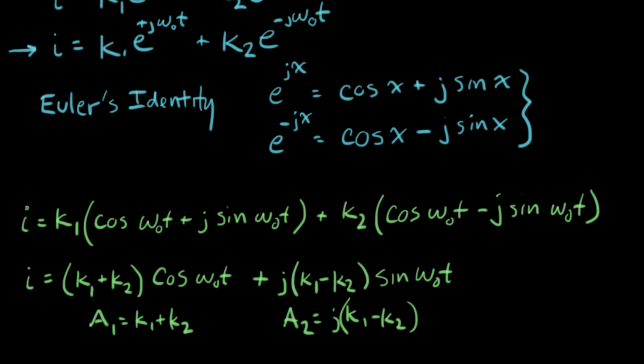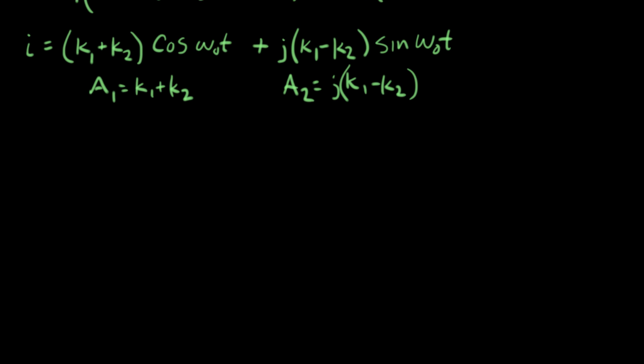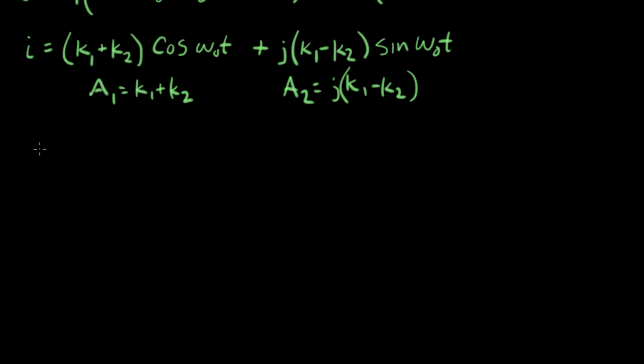Now I can rewrite this as I equals A1 cos omega naught t plus A2 sine omega naught t.